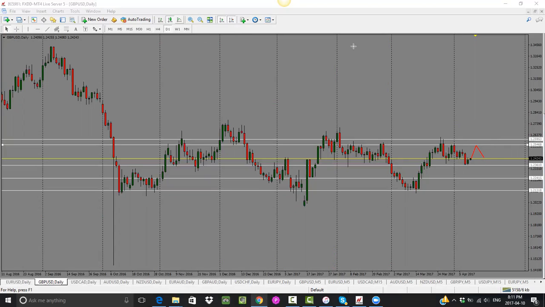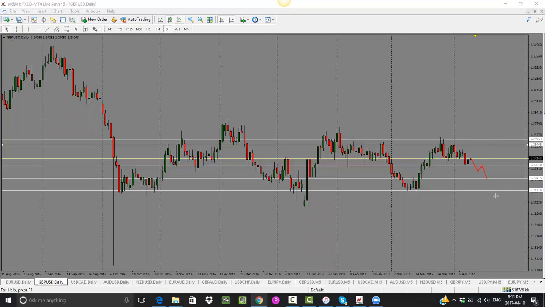Or if we get negative data, we could see one of these moves. So it may break through this 123.60 level and then move on below that. And in this case, our target would be 122.50. Those are two scenarios that we'll have to look for tomorrow.